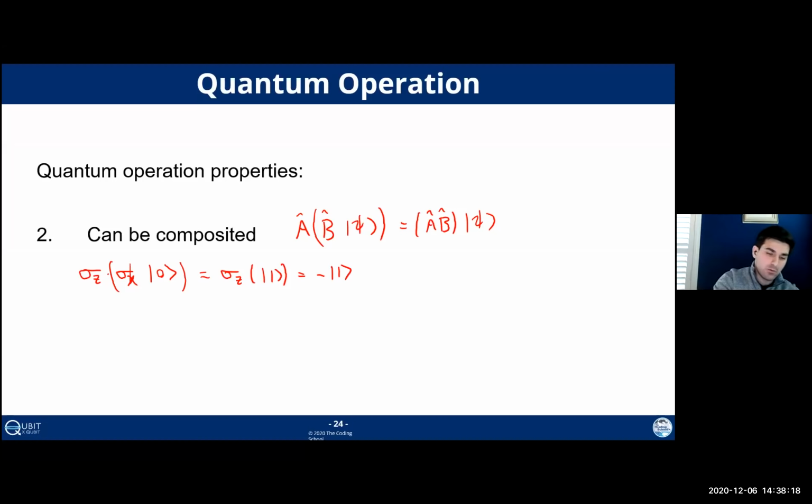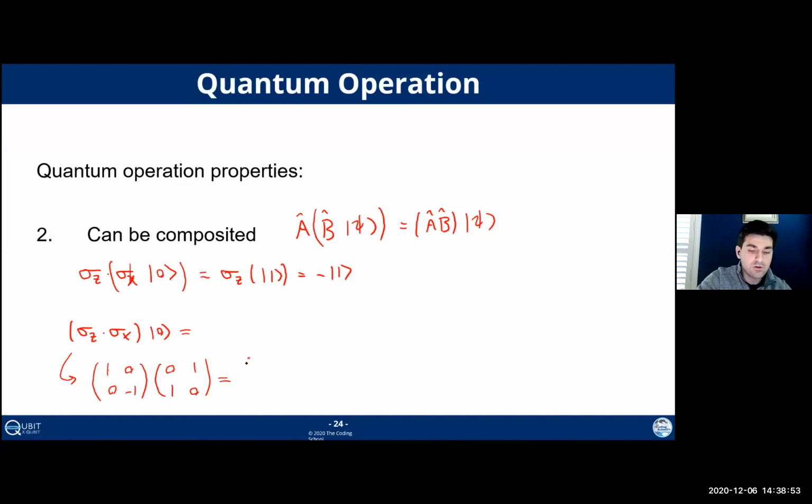Now, what if I do this the other way? What if I first multiply my Pauli Z by my Pauli X and then apply to 0? Well, for this, let's write things down in terms of matrices. So I'm going to make a side note here. Pauli Z is 1, 0, 0, negative 1, and Pauli X is 0, 1, 1, 0. And here we have to do a matrix multiplication.